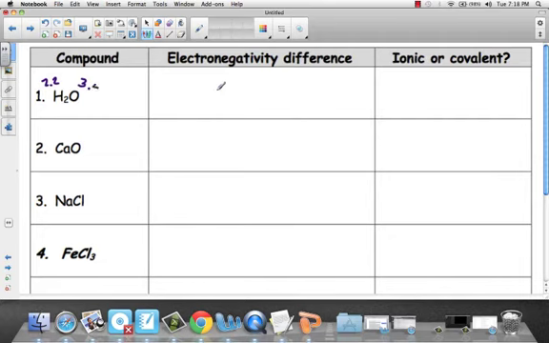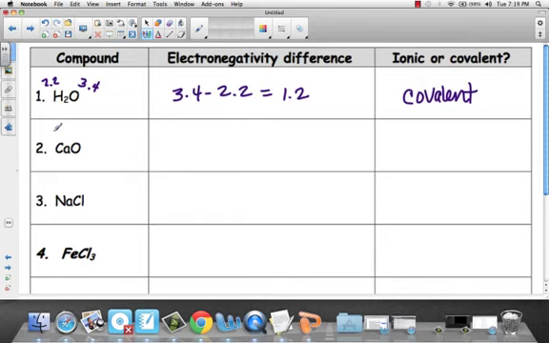This is the one I showed you earlier, so it's going to be 3.4 minus 2.2, which gives me 1.2, and this is covalent. Next one, two nonmetals. Generally speaking, if you're less than 1.7, you are covalent, but there are some exceptions.